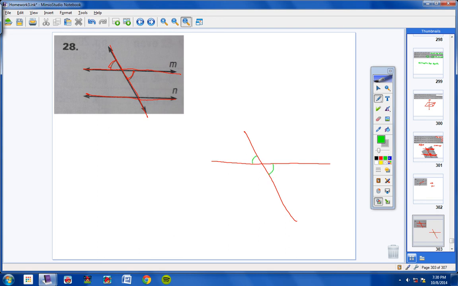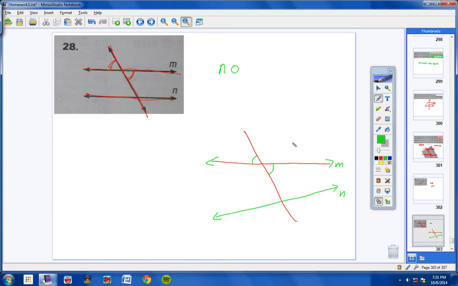That's totally true. And then draw another line like this. Well, there's no way that this line here and this line here are parallel. There's no way. But yet, these two angles are still congruent. So we do not know for sure if M and N are parallel or not. So, no, we don't have enough information.